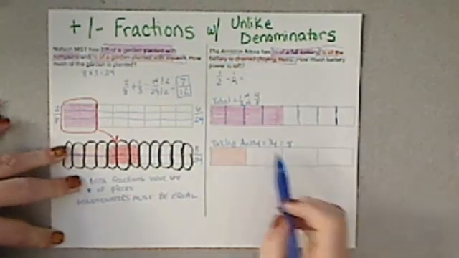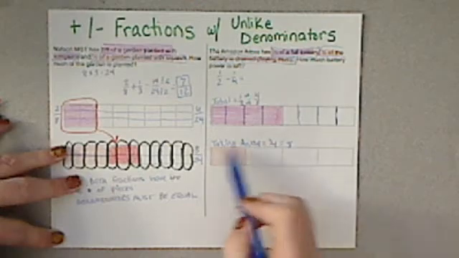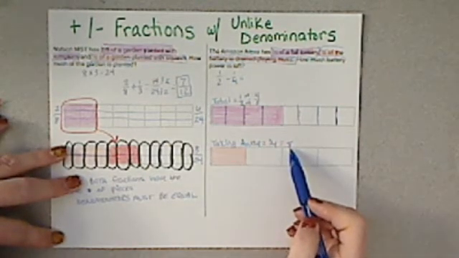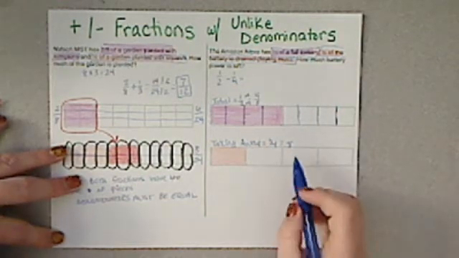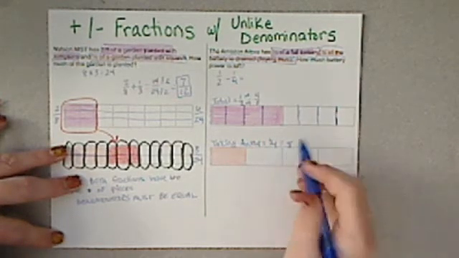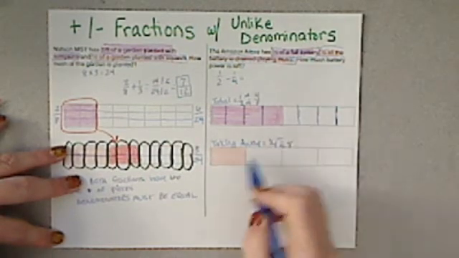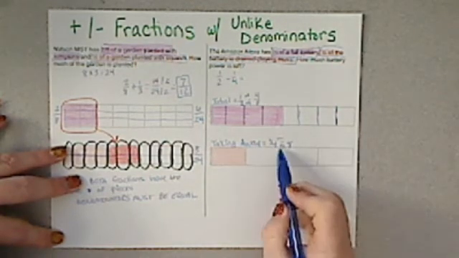All right, now, in order to be able to take this 1/4 away, I also have to turn it into 8 pieces. It has to be equal. So to turn 4 into 8, I need to multiply by 2. So that means that each of these pieces is going to be split into 2.